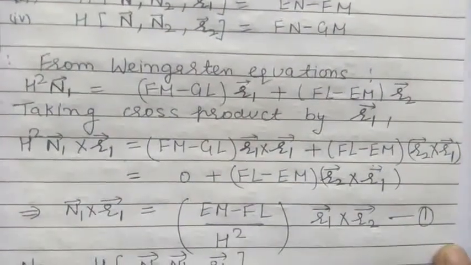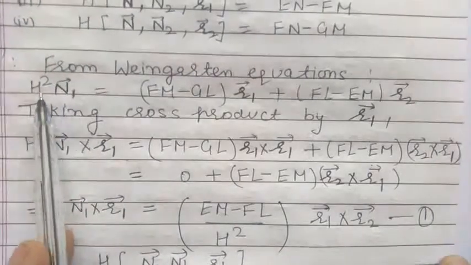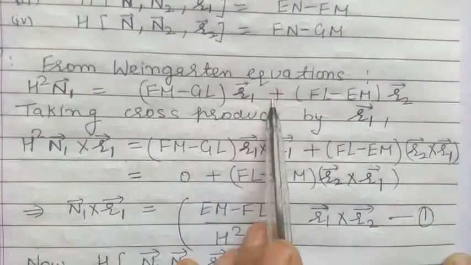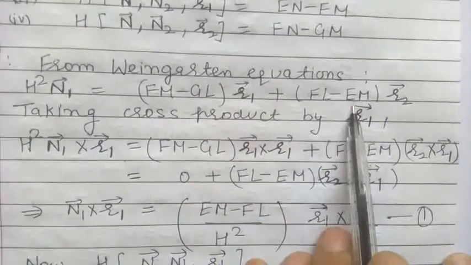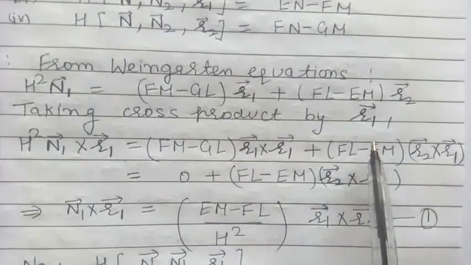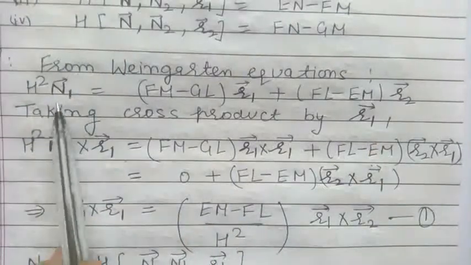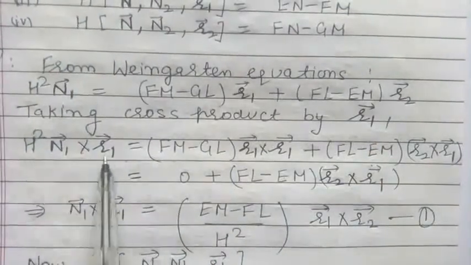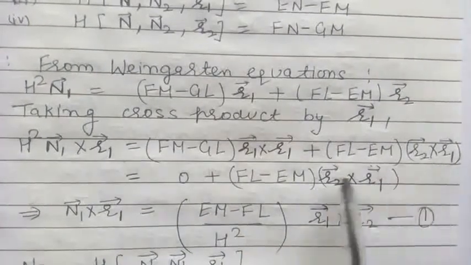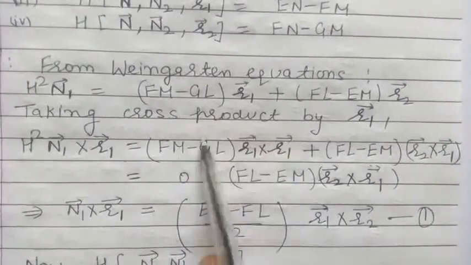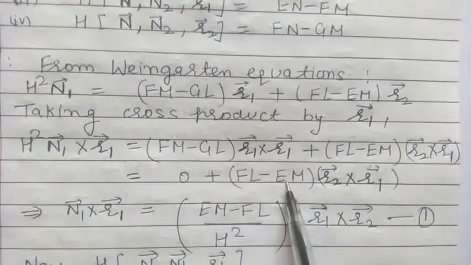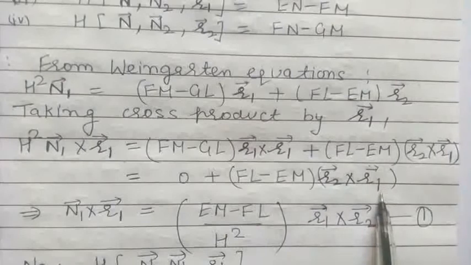Now the first Weingarten equation is h square into n1 is equal to fm minus gl into vector r1 plus fl minus em into vector r2. Now taking the cross product by vector r1 on both sides of this equation, because r1 cross r1 is 0, this term will become 0, and we are left with fl minus em into the cross product of vector r2 and vector r1.